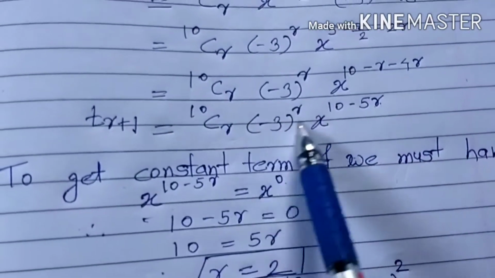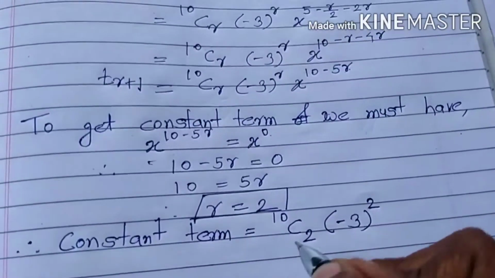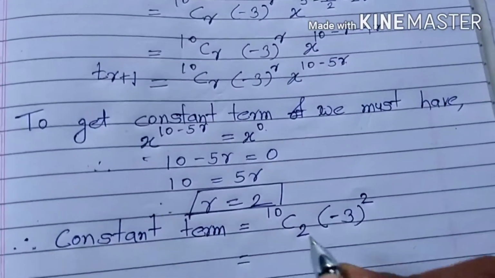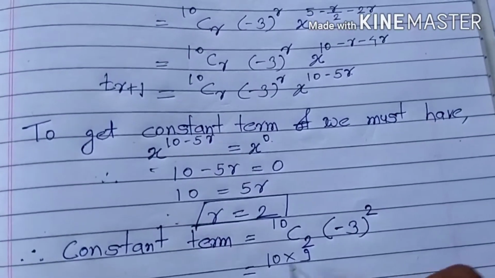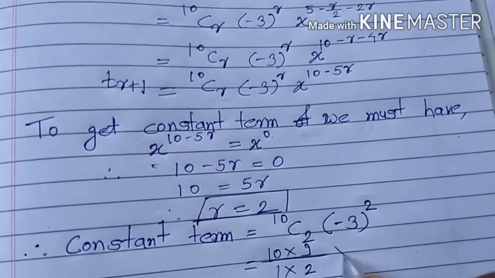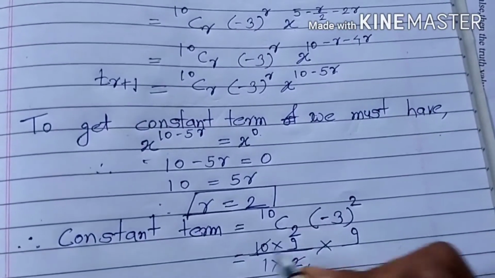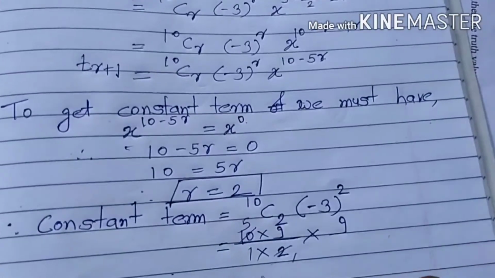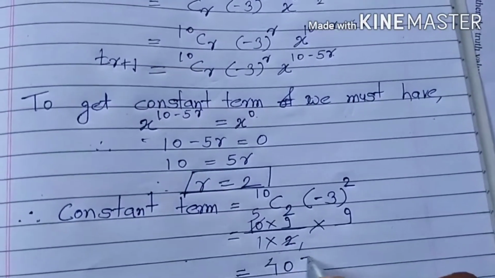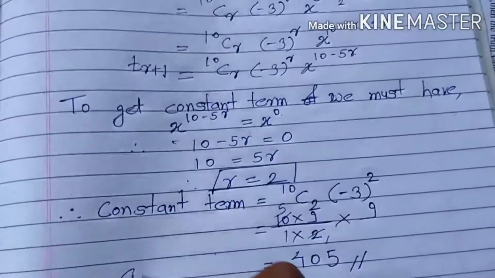So the remaining term is our constant term. Now this is 10C2, so you can use the formula of combination, otherwise 10 into 9 upon 1 into 2, into 9. Minus 3 square is 9. So 9 fives are 45, and 45 into 9 is 405. So therefore the constant term is 405.